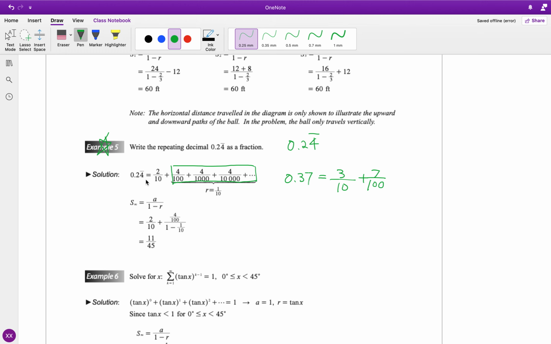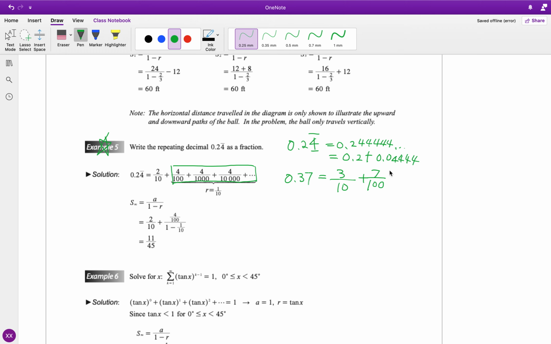So now for this one, we're using 0.2. The 2 does not repeat, only the 4 repeats. So this means 0.2444444, and it goes forever. So in this case, we rewrite this as 0.2 plus 0.04444.